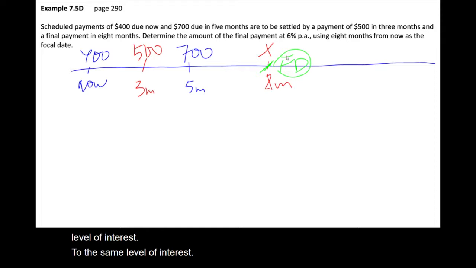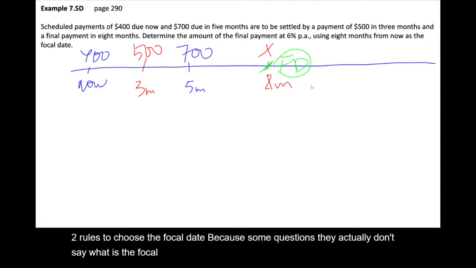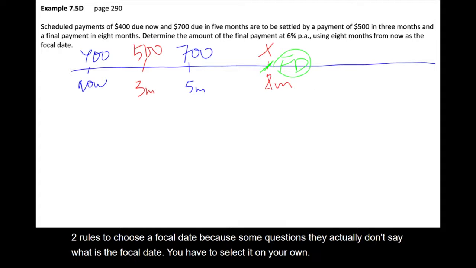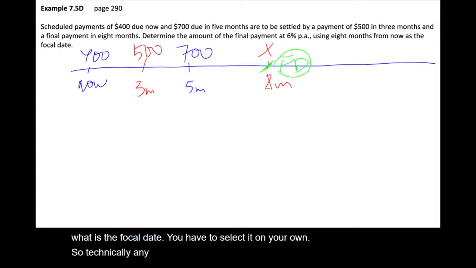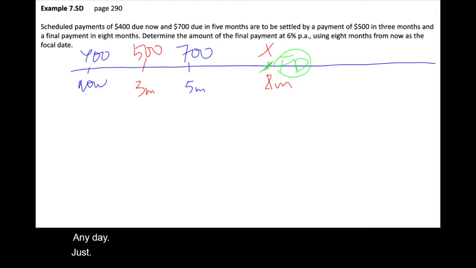Now, here are 2 rules to choose a focal date, because some questions don't actually say what the focal date is. You have to select it on your own. Technically, any day is good for a focal date, just the results might be different.